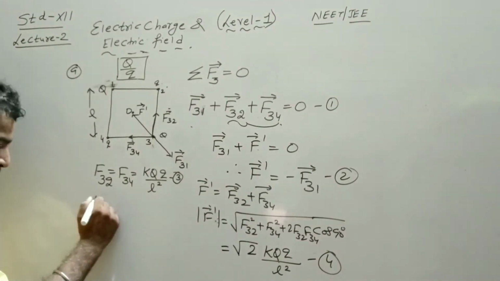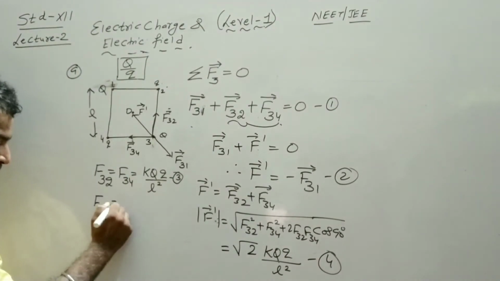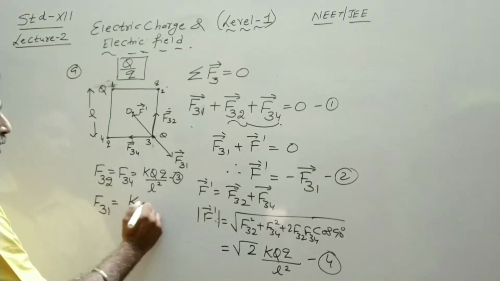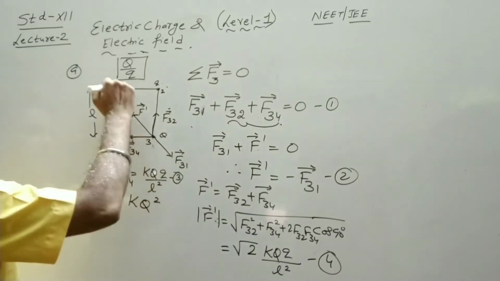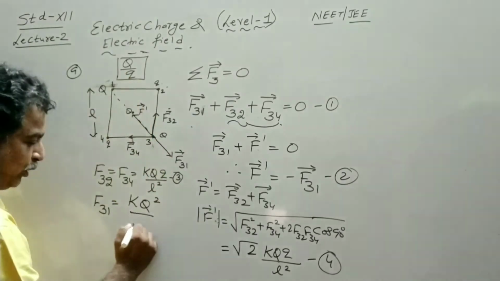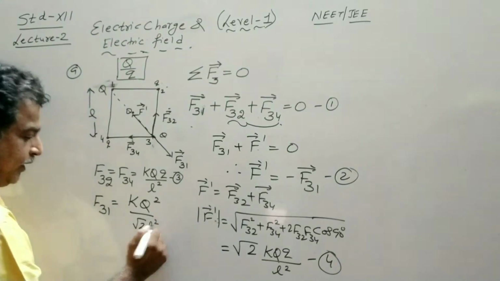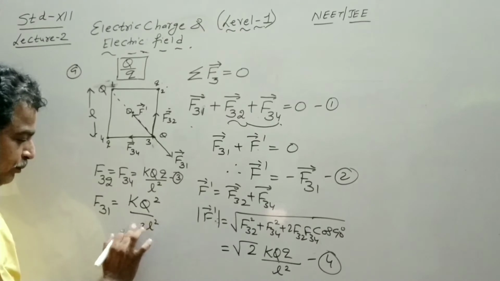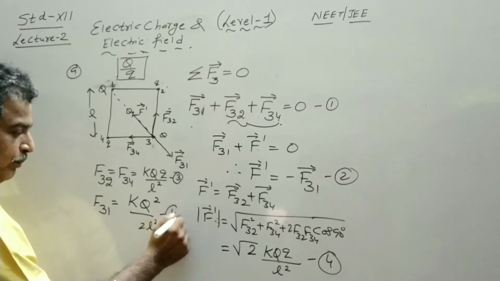Now I find out the magnitude of F31. So this is equal to KQ square upon this distance. That comes out to be root 2 times L, so this is root 2 L and therefore its square becomes 2L square. This is equation number 5.